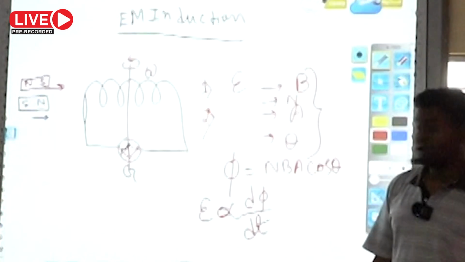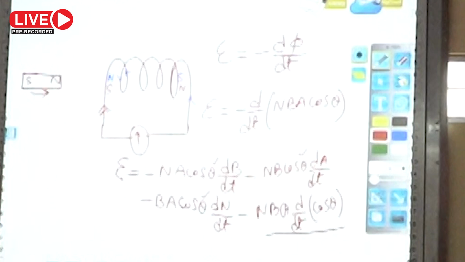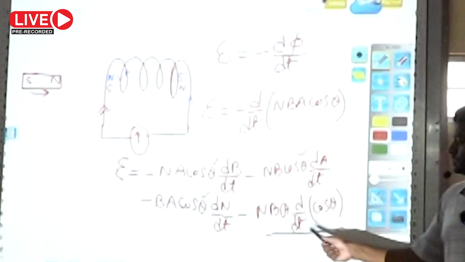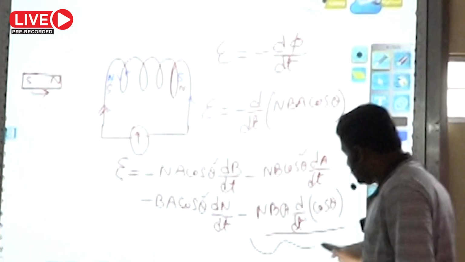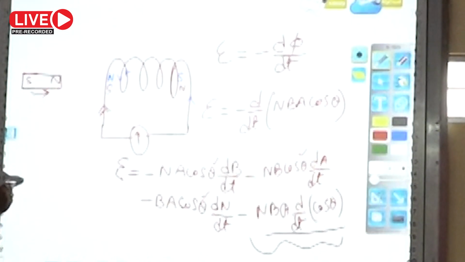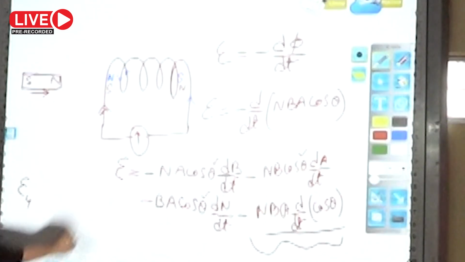Okay. Now, one more crucial point. This is taken as theta equal to omega t. Omega equals theta by t. So theta equals omega t. Now see what this final quantity gives. I will discuss this quantity a little bit. It will produce a part in the EMF. So write it as E4. This first part is taken as E1, second part E2, then E3.